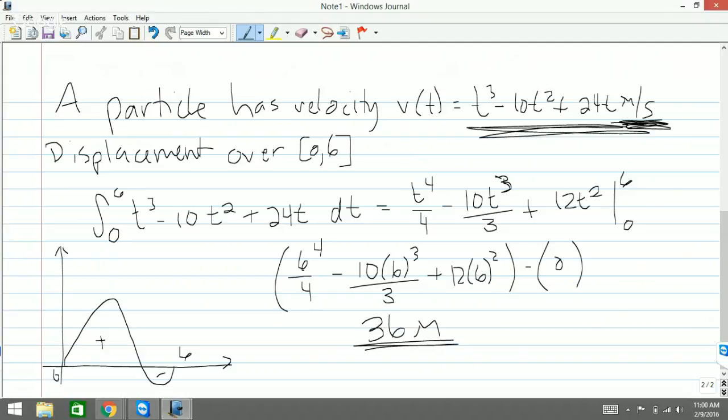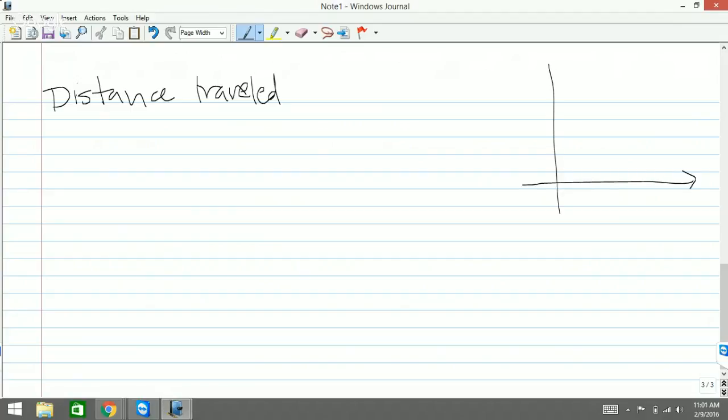So the distance traveled is the absolute value, and all it does is it makes this a positive area. Let me redraw that. If we're doing distance traveled, we need the absolute value.